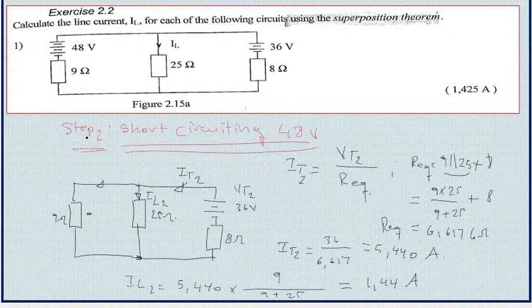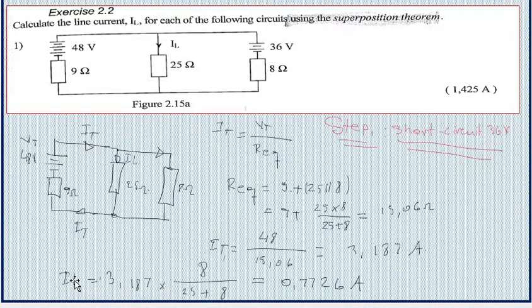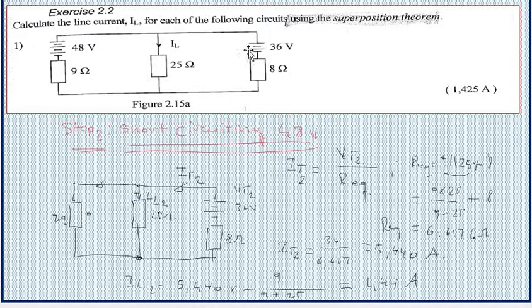The first current was determined from the first step, IL1, the load current in this resistance. We considered this voltage and not that one, and in the second step we considered this voltage, and then we closed that one to get the current IL2.